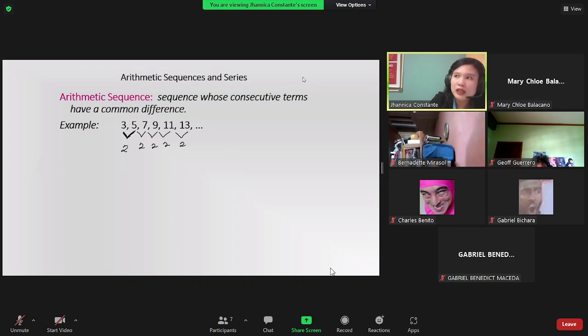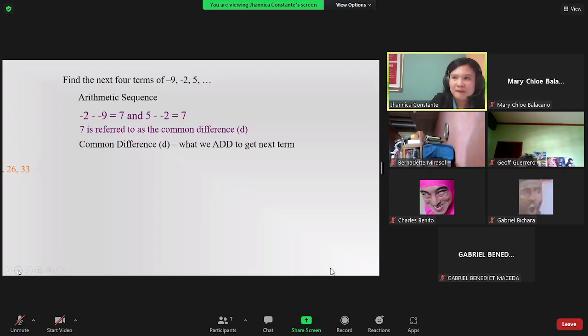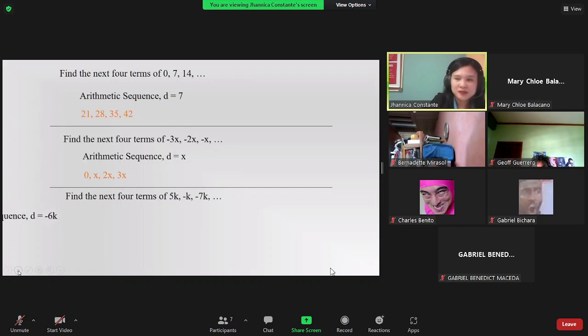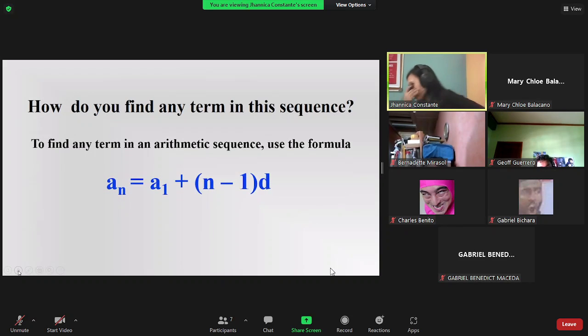We have a formula that we can use to find a specific term of our sequence. For example, if you're solving for the 20th term, and you don't want to continue the sequence, we have the formula to proceed in finding the 20th term already.